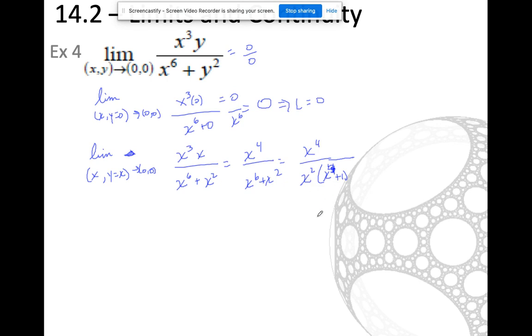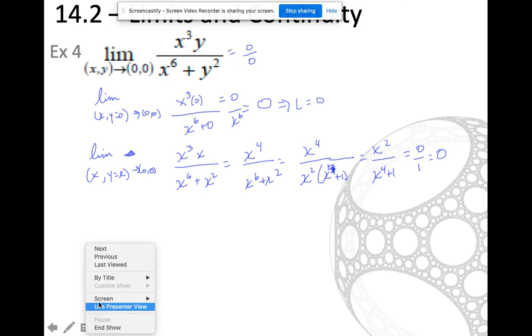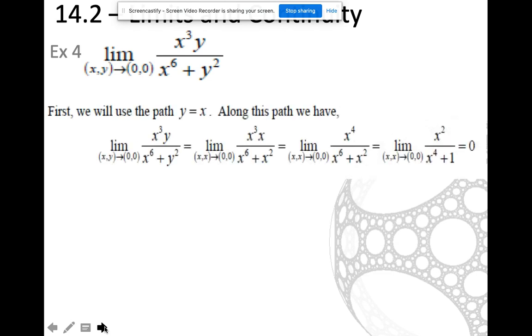No, you're right. Silly me. And then what's that limit? When I'm plugging in 0, again, I get 0.